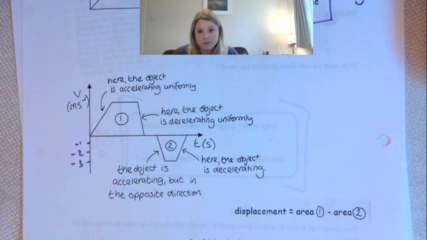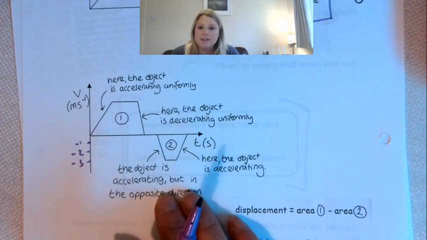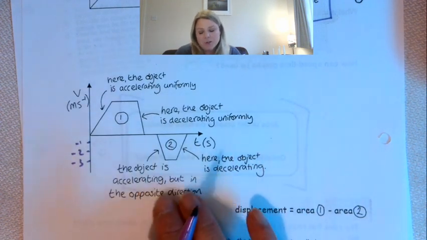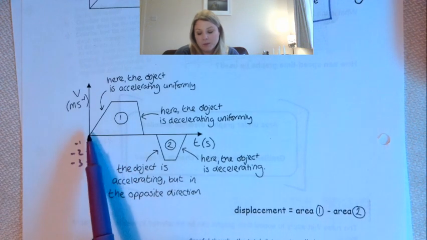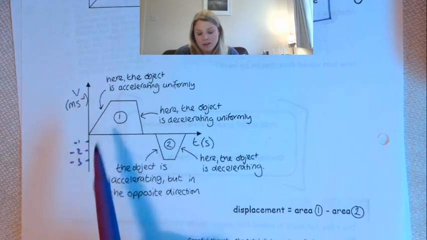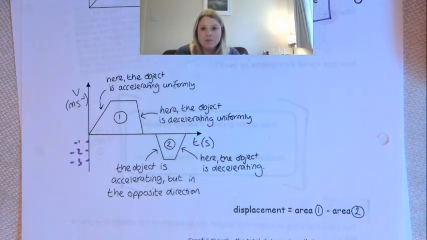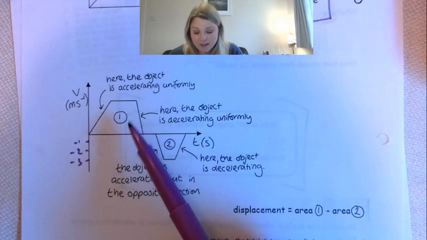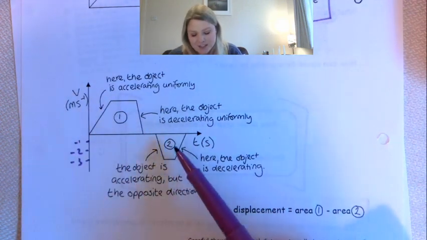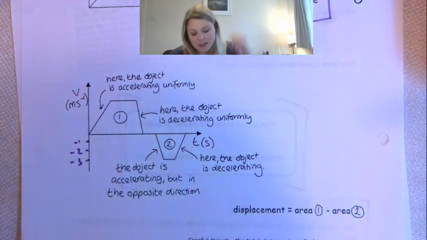So the one thing we need to be careful of here, if you got a graph like this and you were asked to calculate the total distance that the object had travelled, well, you would calculate this area here, and then you would add this area here. However, if you were asked for the displacement, then you calculate this area, but you would take away this area, because remember it's had that change in direction.